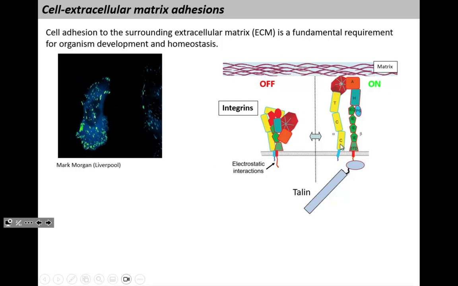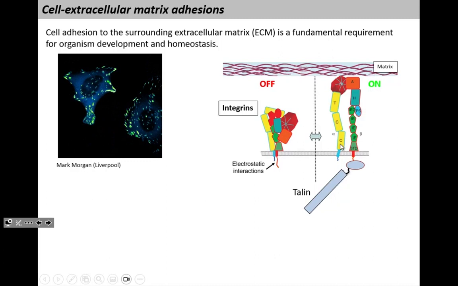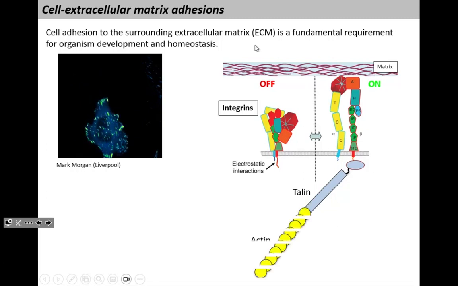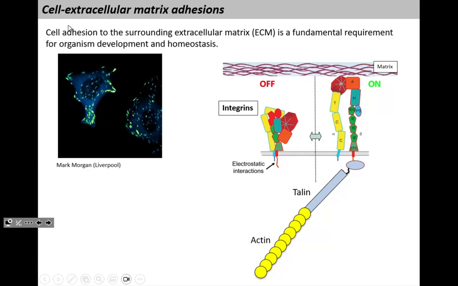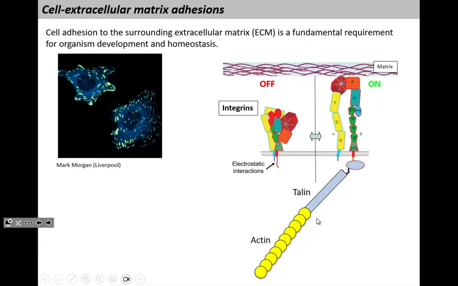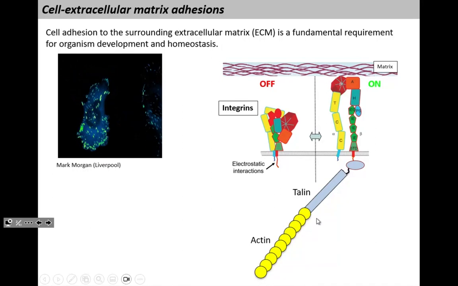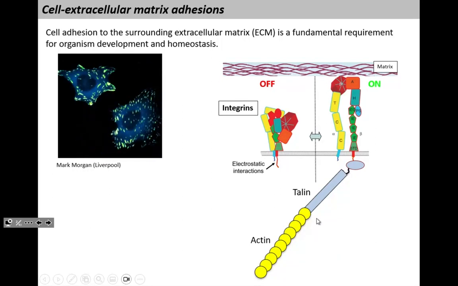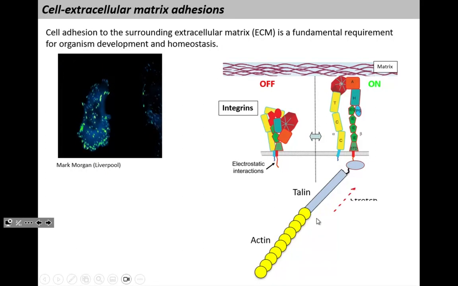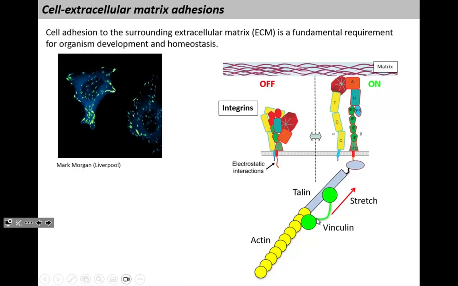But Talin does a whole lot more than just activate and control the activation state of the integrins. It also couples these integrin matrix complexes to the cell's force generation machinery and the cytoskeleton. And it does this via direct links to actin and indirect links to actin and microtubules. The classical view of Talin's role here is that it serves to sense mechanical forces: in response to force, this molecule experiences tension and it recruits a protein called vinculin.